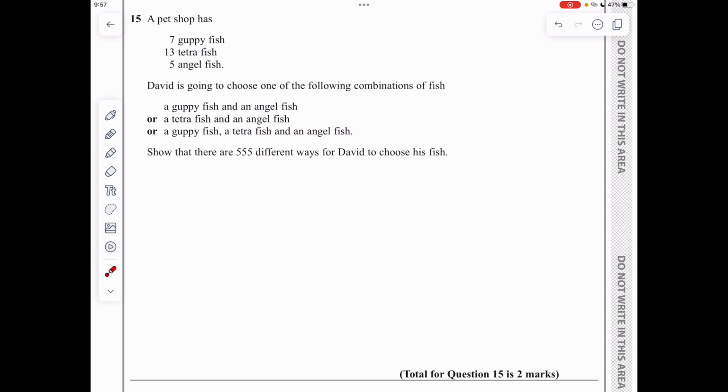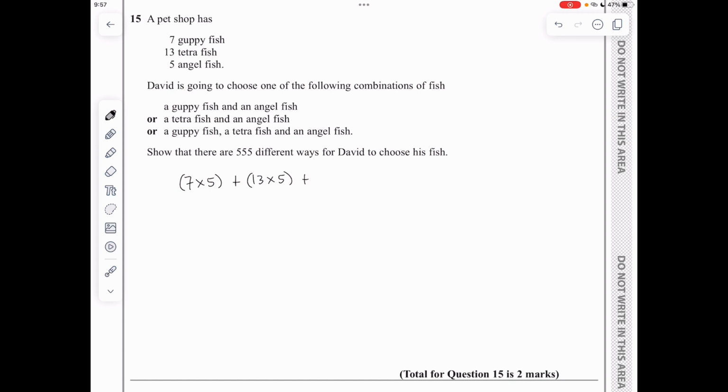So for the guppy and an angelfish, we do 7 times 5. Remember, we multiply the number of fish we've got in each type, so it's 7 times 5. Then for the tetra or angel, it's gonna be 13 times 5, so plus 13 times 5.